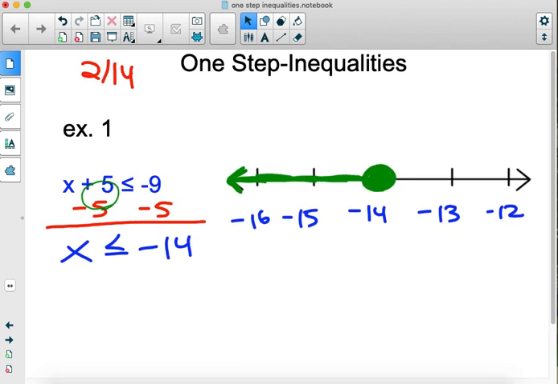Somebody give me a number that would make this true. What's any number that would be colored in? Hannah. Negative 16, right? So here, I'm going to put negative 16 in for this, and we'll see if it's true.